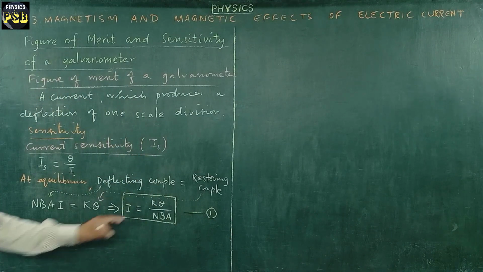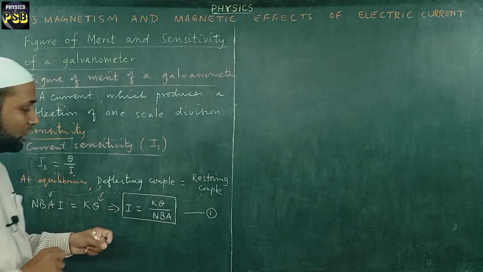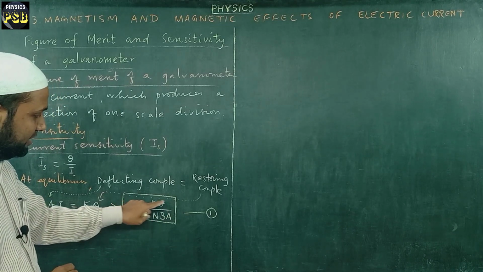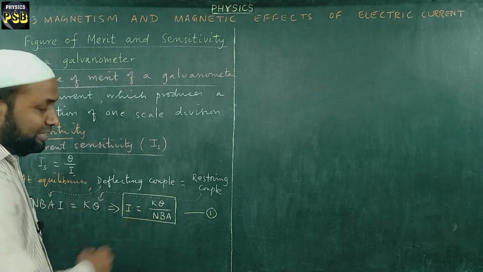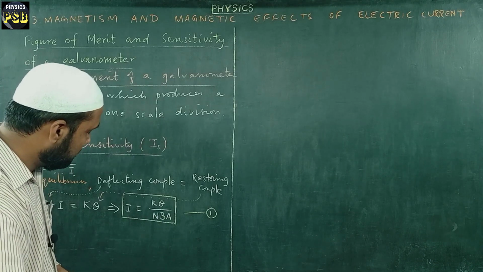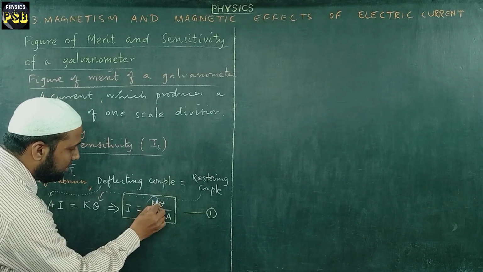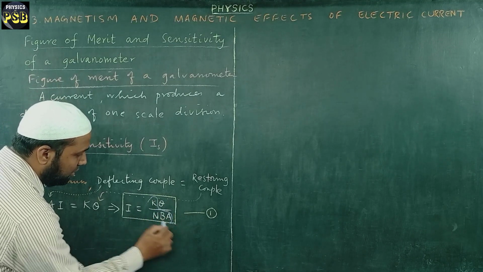Now, if you look at this equation carefully, you may find that it has 5 terms: K, theta, N, B, and A on the right hand side. Out of them, K, N, B, and A are constant.